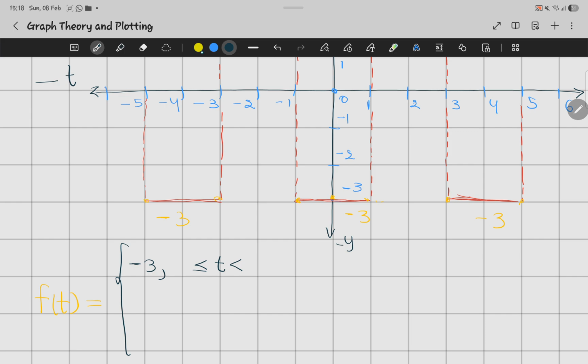We're going to start with this block here. If you see, we have -5 and -3, so that's why I'm going to put the lowest one as -5 and -3, and the amplitude is -3, so that's what you see there.